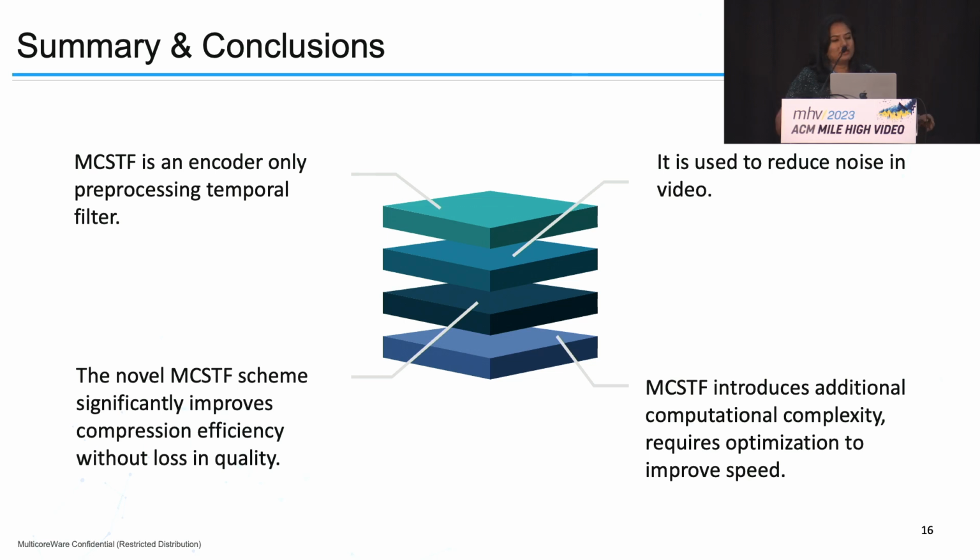And one point that I have not discussed here is the computational complexity that MCSTF introduces. So we are doing benchmarking and trying to understand and explore this further. Thank you.